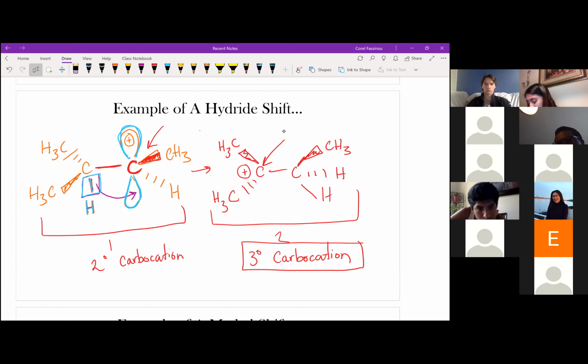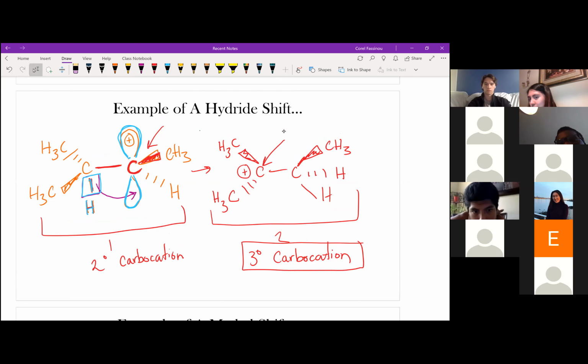I actually have a question. What is the difference between a resonance structure and a hydride shift or a methyl shift? So in a resonance structure, we are keeping all of our atoms in the same place, but we're moving the electrons around.